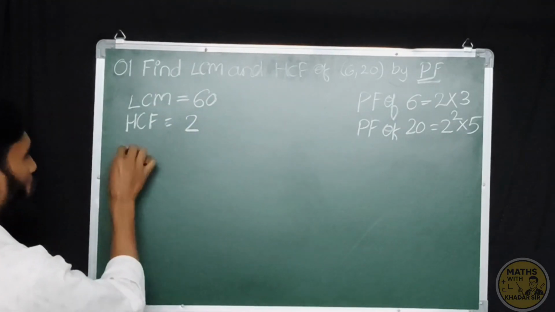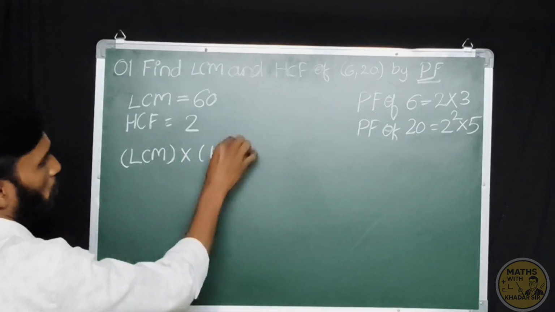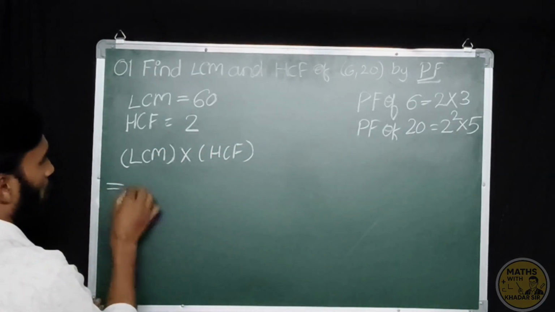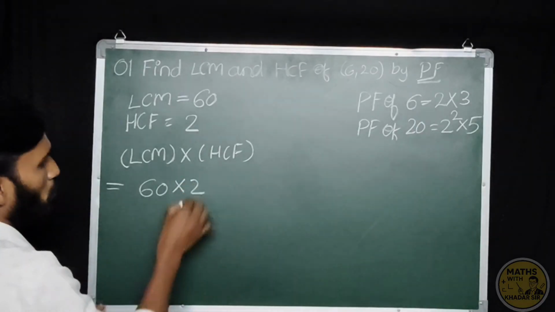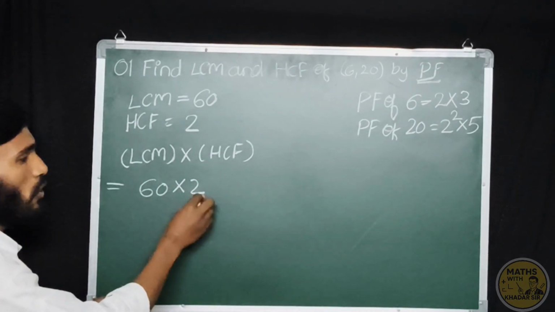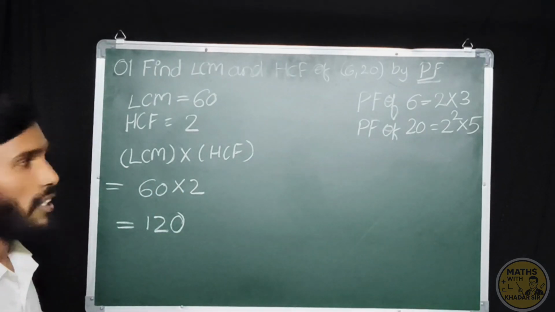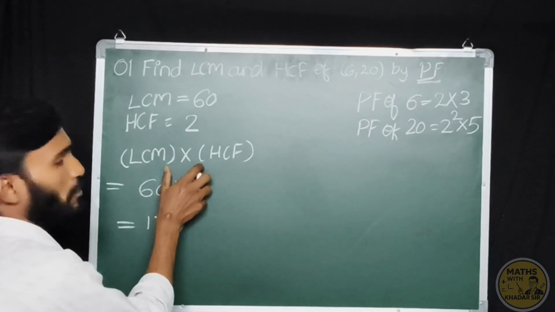Now multiply LCM into HCF is equal to 60 into 2. As you all know, for some time remove the 0. 2 6s are 12, and now add the 0. 120. Now this is about LCM and HCF.